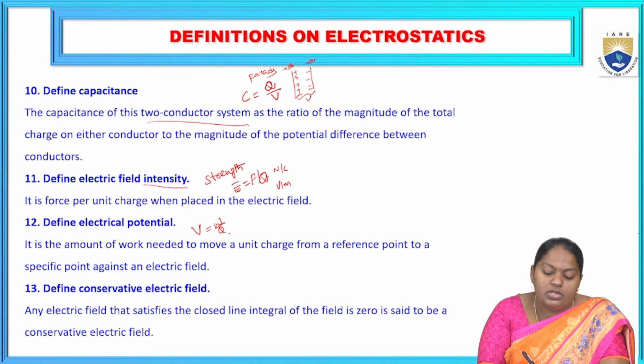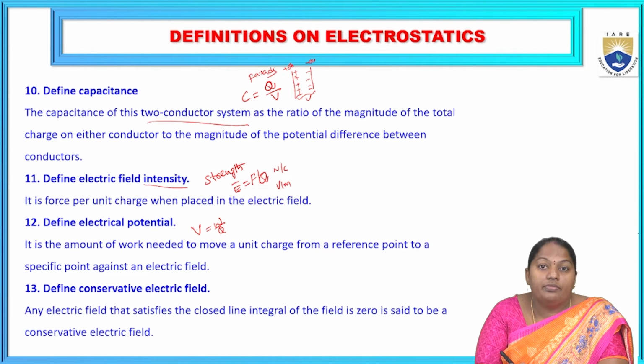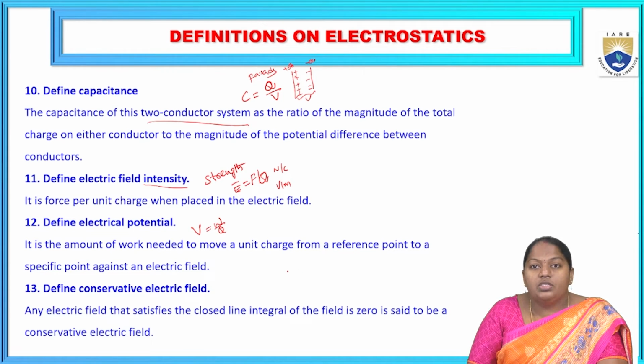It is work done per unit charge when considered between two reference points, and it is particularly related to electric fields. In short, the easy way to define electric potential is the potential difference between two reference nodes, or work done.